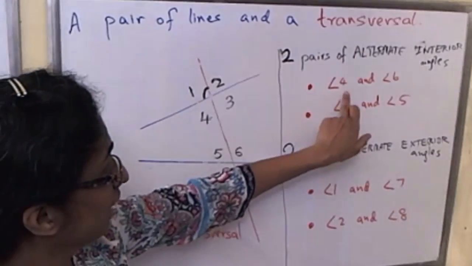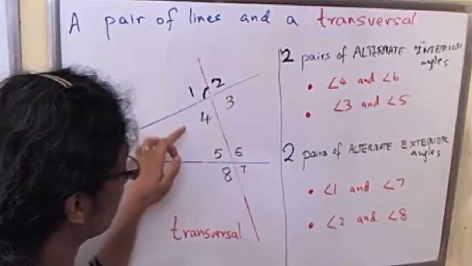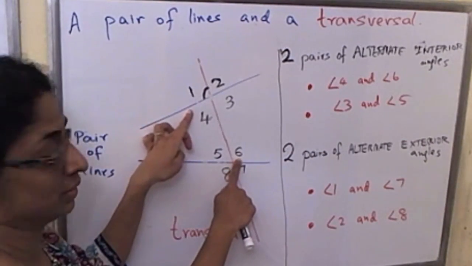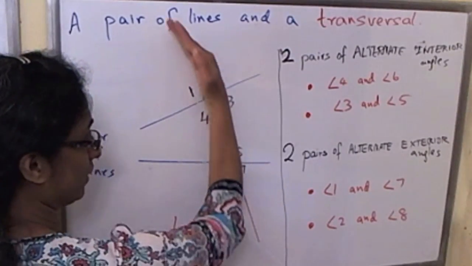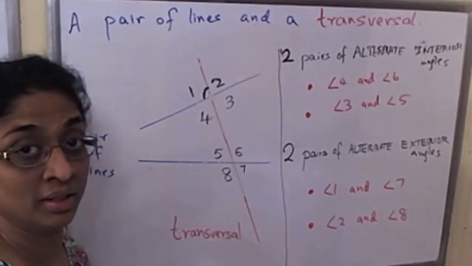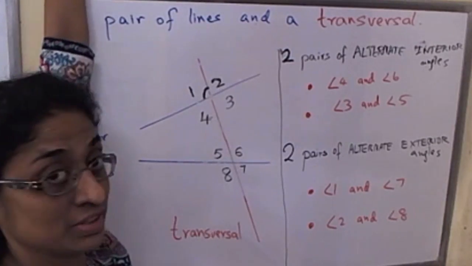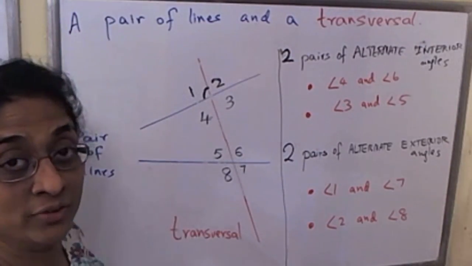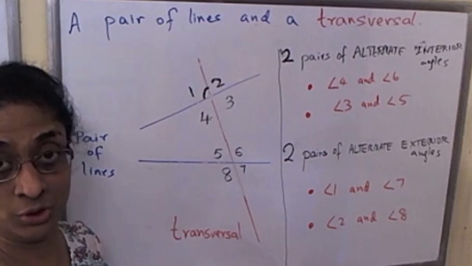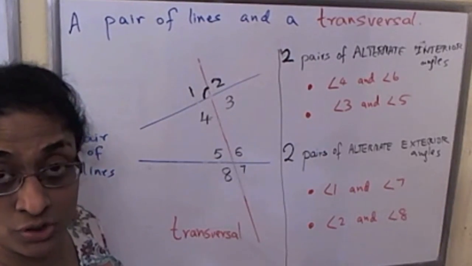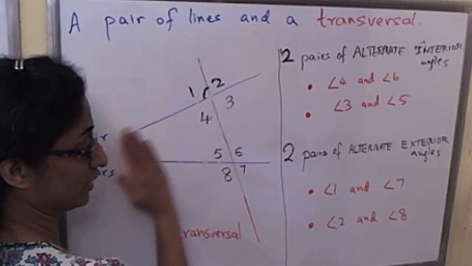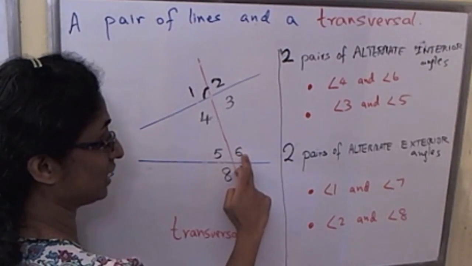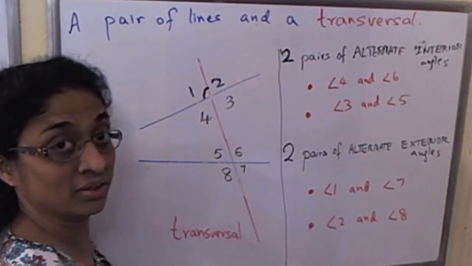Let's look at angle 4 and angle 6. These two angles. What do we notice about them? Notice that this transversal, which is a line that extends infinitely in both directions, by one of our assumptions about the Euclidean plane, separates the plane into 2 parts. Notice angle 4 lies on one side, angle 6 lies on the other side.